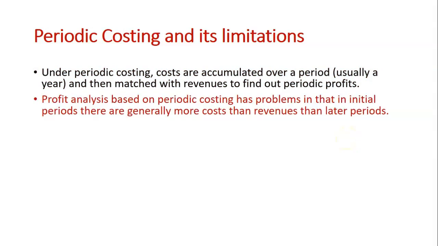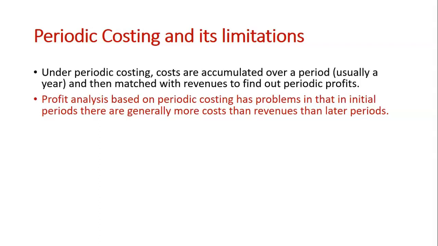Now, once we use periodic costing, accumulate costs for a period, match them with the revenues for the period and calculate profit and loss, such analysis has problems, because for every product in the initial periods, there are generally more costs than revenues. In the earlier periods, the product is struggling, we are trying to capture the market, we are introducing the product, there are few customers, and the cost of production is high.